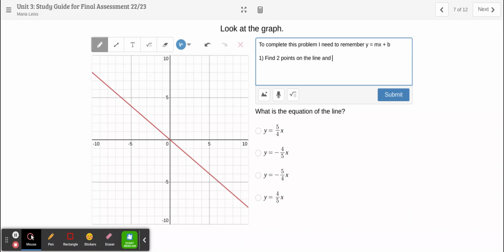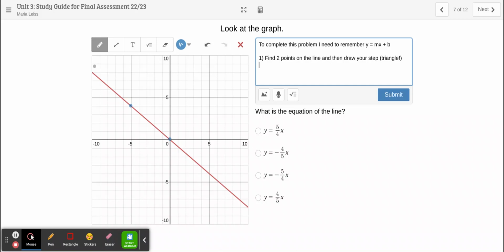And then draw your step or triangle. So remember, 2 points on the line are where the line goes through 4 corners where 4 squares come together. So it's a clean point. So I scroll down. Here are 2 points on that line.